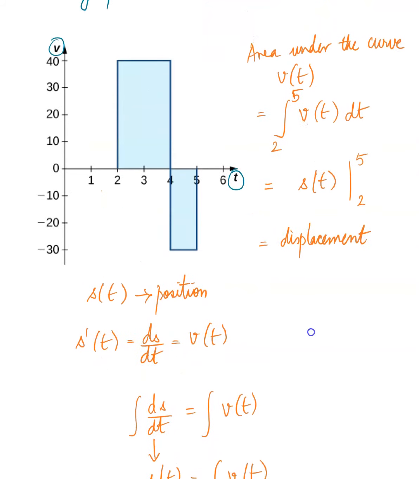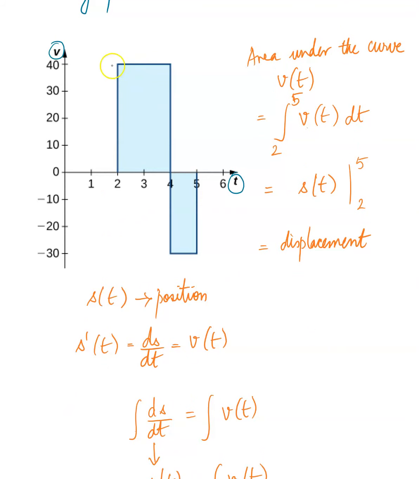Now this is the function, right? This horizontal line will be the function, because it's this horizontal line, but we're only looking at it between 2 and 4. So this horizontal line is v of t equals 40, right? Horizontal line is y equals that number. So that's what we have here.